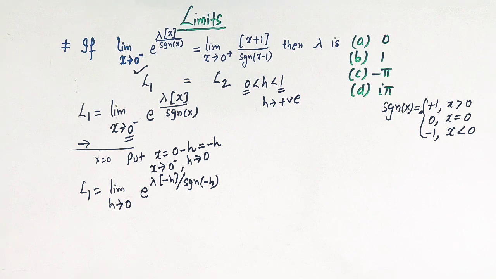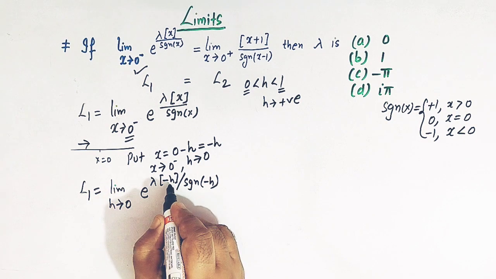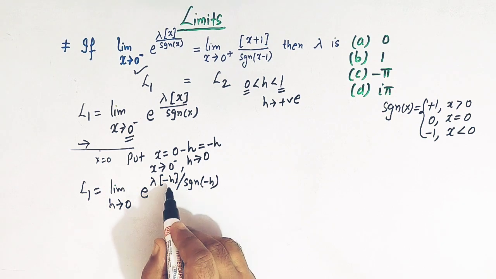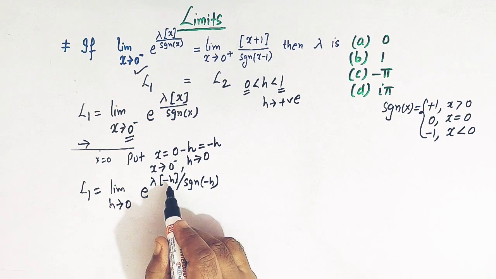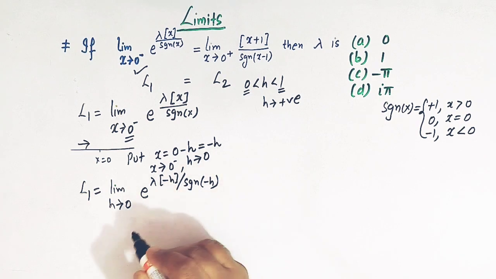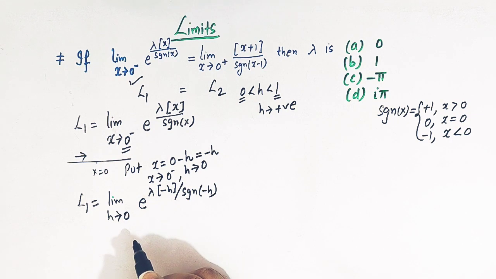Now here we cannot directly substitute h is equal to 0 in the numerator and in the denominator.